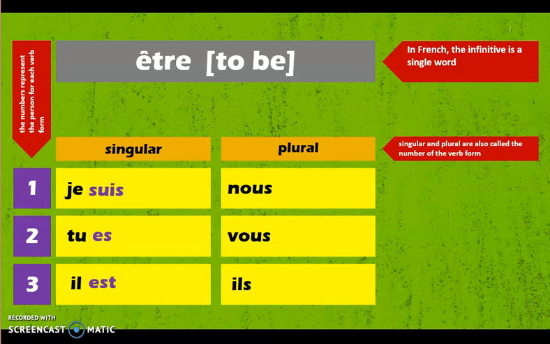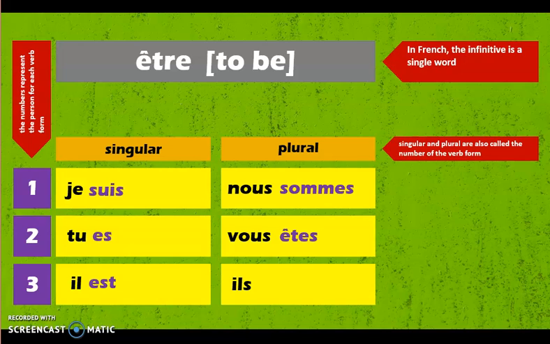All right, the form that goes with nous, and that means we are, would be nous sommes. Again, the final S is not pronounced. Second person plural, talking to a group of people, you are, vous êtes. Notice that the first E does have an accent, the circumflex, just like the E in the infinitive.